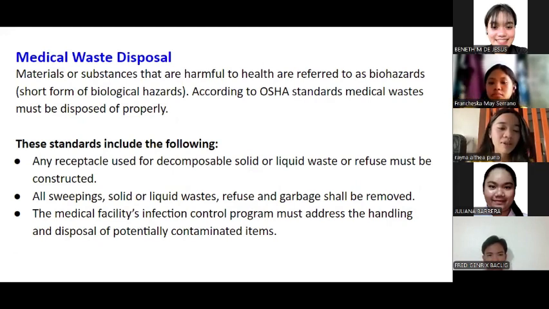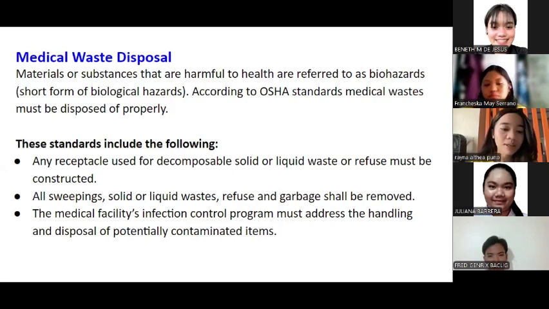These standards include the following: any receptacle used for decomposable solid or liquid waste or refuse must be constructed. Why is construction of receptacles included? Because any receptacle made from durable materials can prevent leaks and spills.